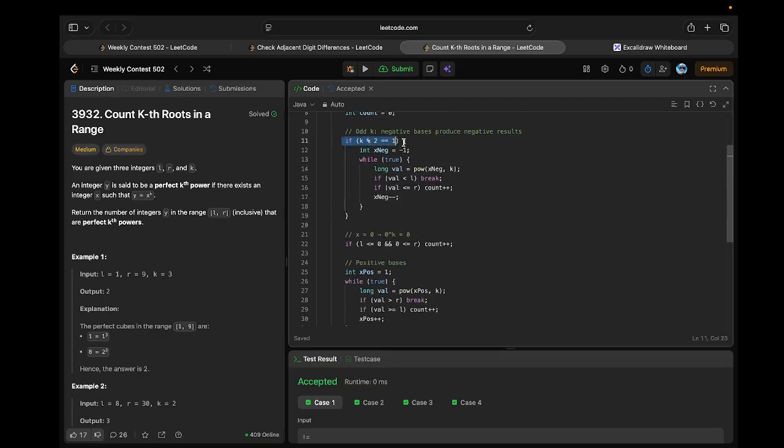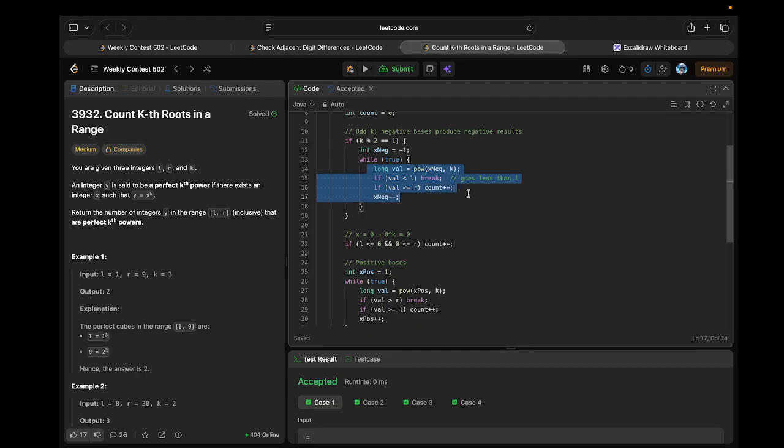If the value of k is negative, then I'm just calculating the results, finding the power of that particular number, and I'm checking if at any point it goes less than L, which means it is not part of the answer. I'm going downwards in the negative case, and in the positive case I'm going upwards, because in this range I have to find the values.